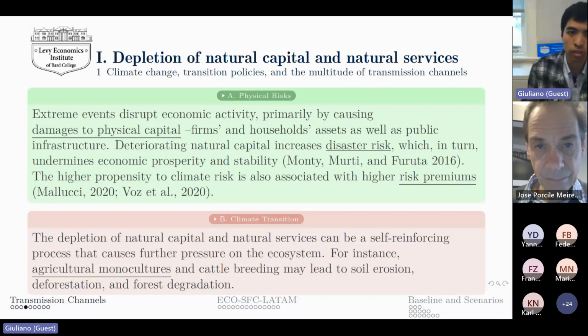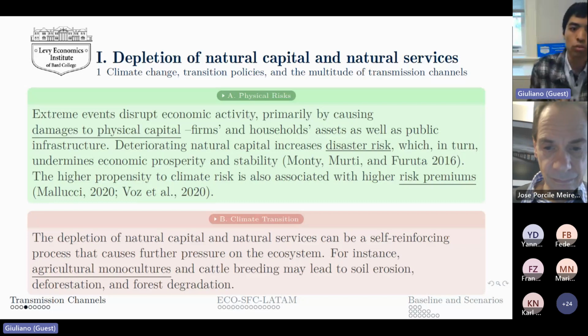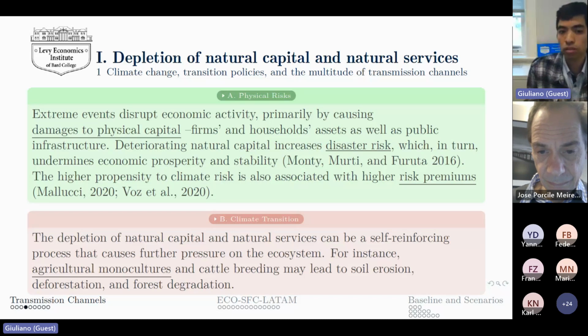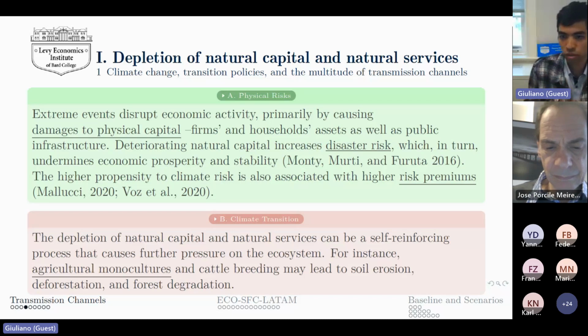Extreme events do make some serious damage to the physical capital, and deteriorating natural capital actually also further increases the disaster risk, and usually those physical risks are also associated with higher financial risk premiums.